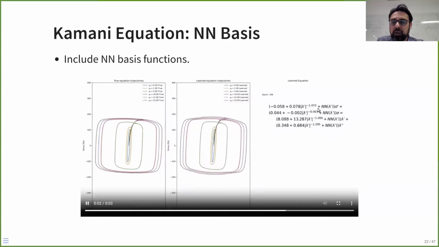So what I do is I just replace one of the terms with a neural network function. It's just a 1D function that I apply to each time step individually. So given, in this case, the derivative of the input lambda prime, I compute the neural network function, and I plug this into the expression.